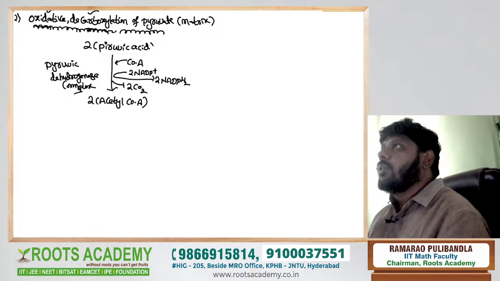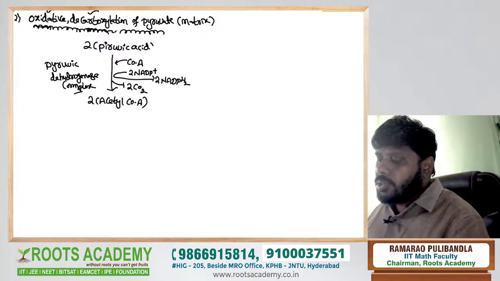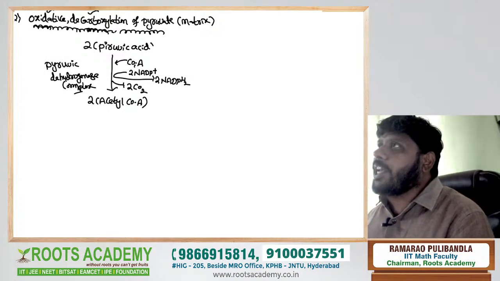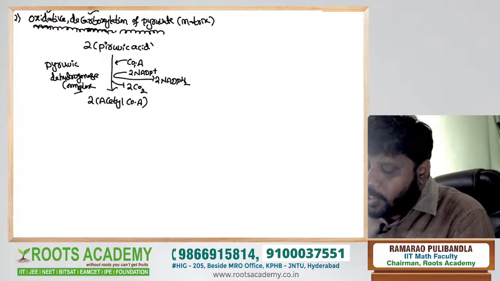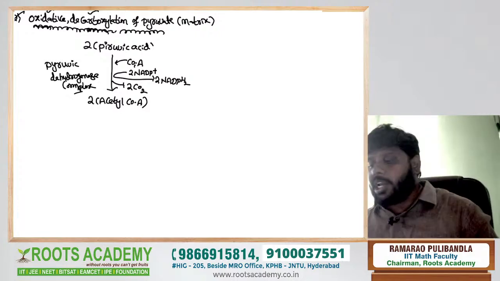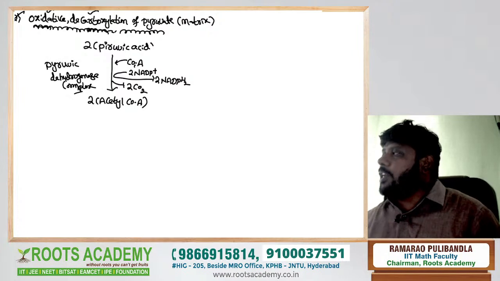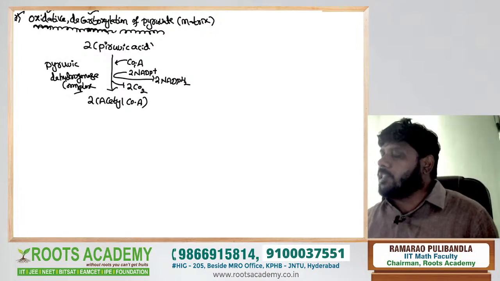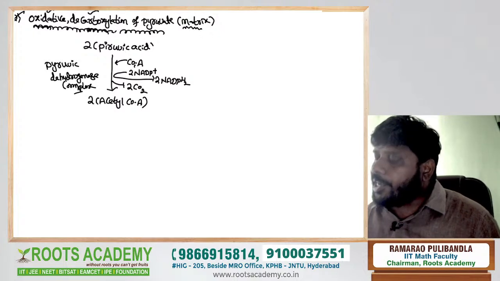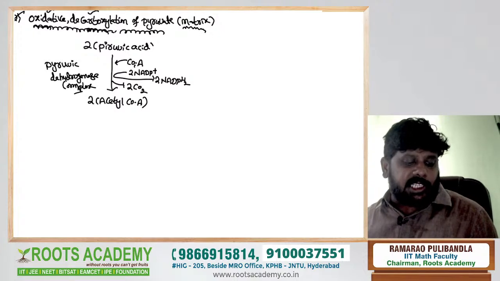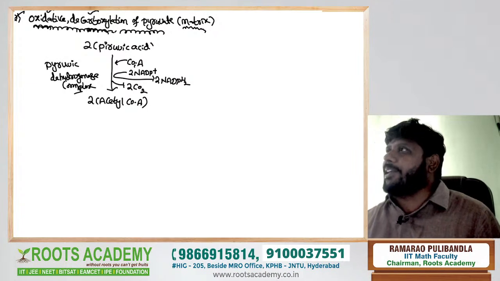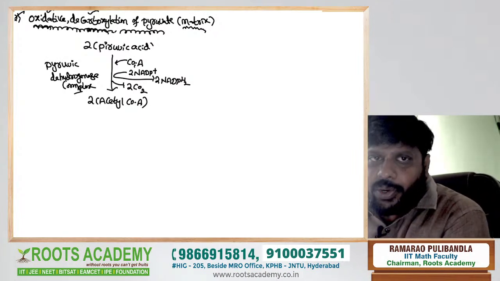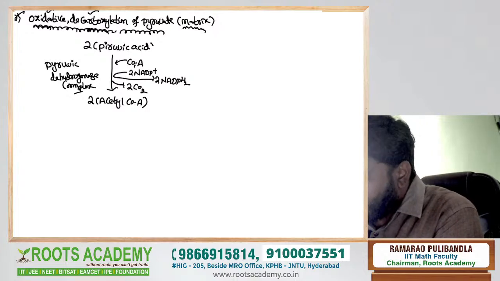So 2 molecules of pyruvic acid are converted into 2 acetyl coenzyme A. This reaction is called oxidative decarboxylation of pyruvate. Where does it take place? It takes place in the mitochondrial matrix. Okay? See, at the end of oxidative decarboxylation of pyruvate, tell me what we have.